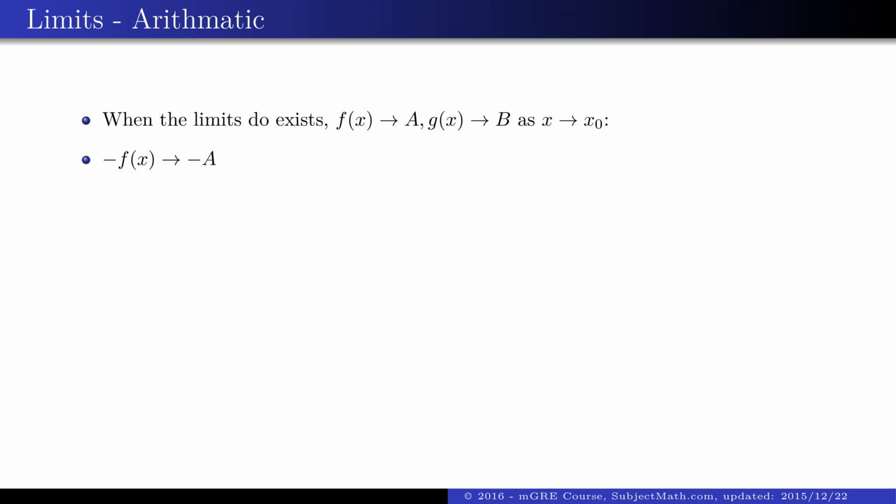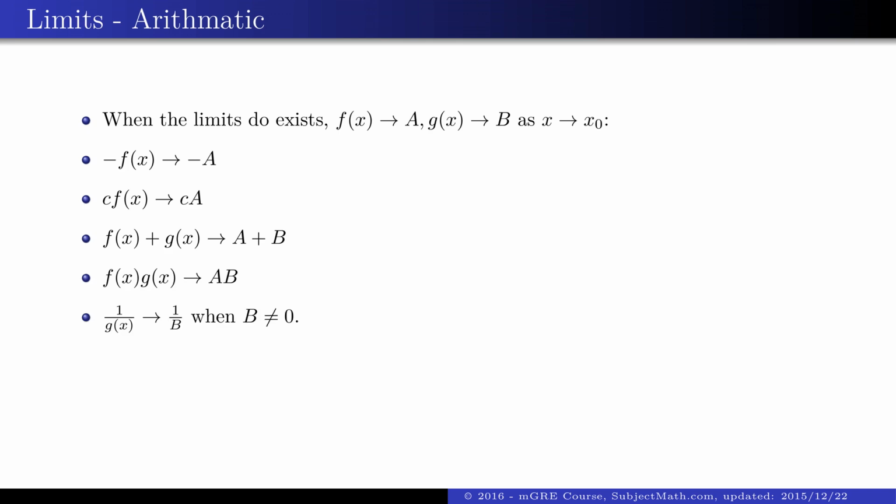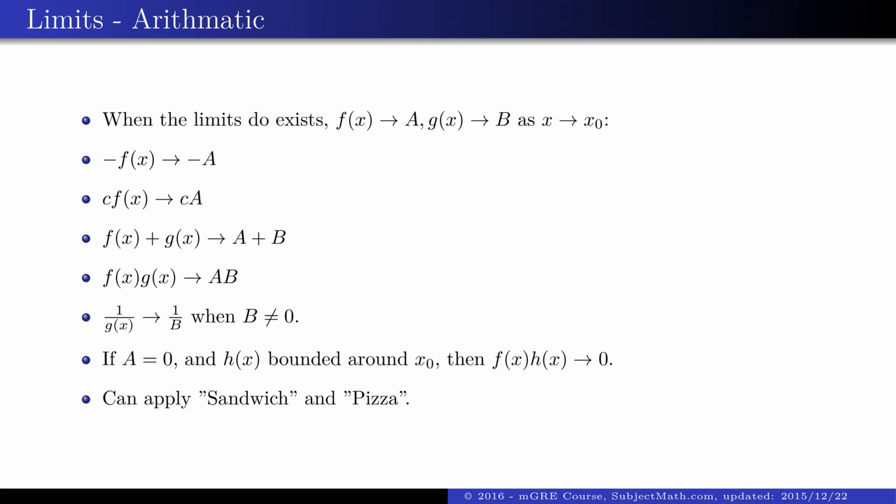Multiplication by -1, or by any constant, addition, multiplication, inverting a function as long as the limit is non-zero, and we still have the rule for multiplying a bounded function with a function that tends to 0. Since the limit of a function and the limit of a sequence is basically the same, we can use the sandwich and the pizza theorems on functions as well. We will see an example for that soon.